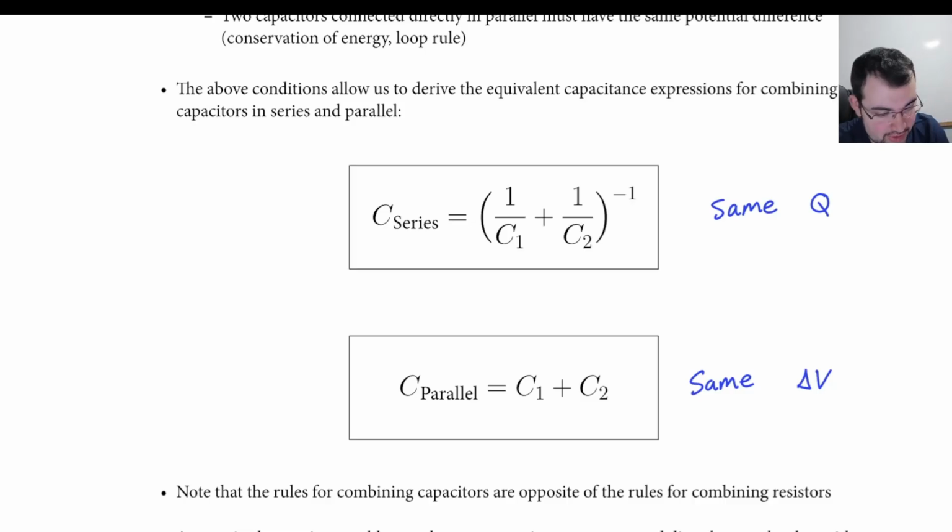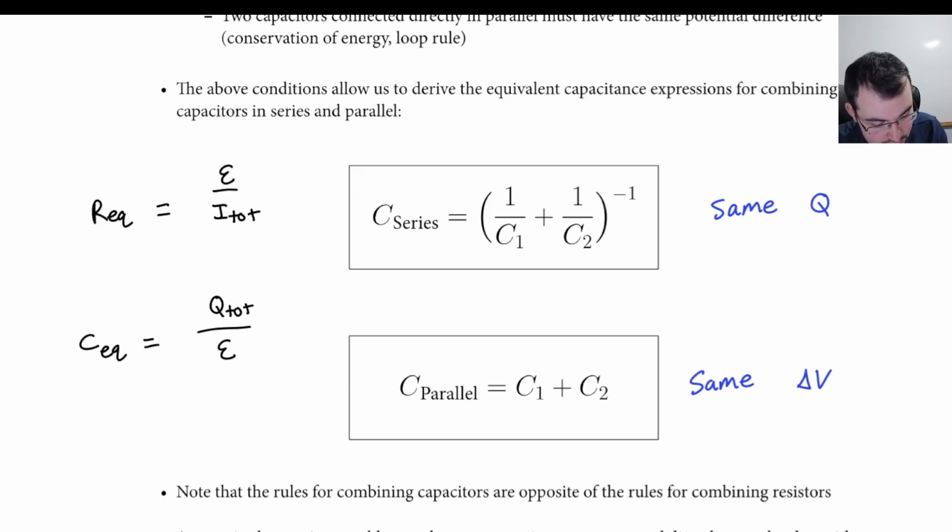Remember we defined Req as the total EMF, the battery voltage, divided by the total current. So since capacitance is Q over delta V, it's the total charge divided by the battery voltage.